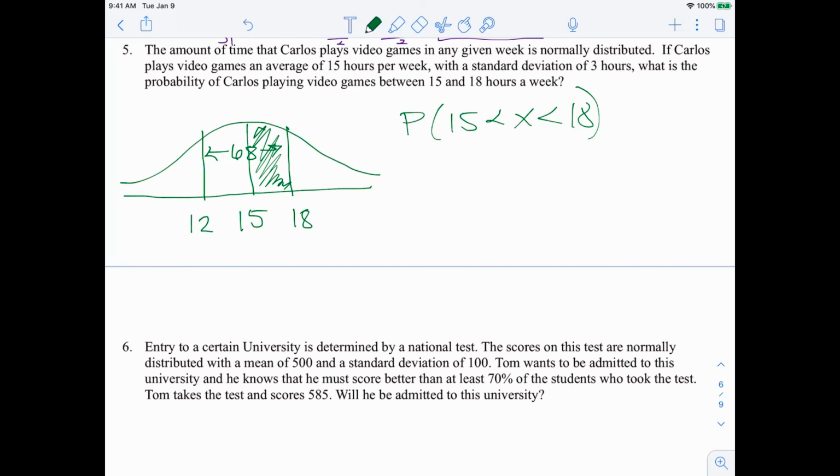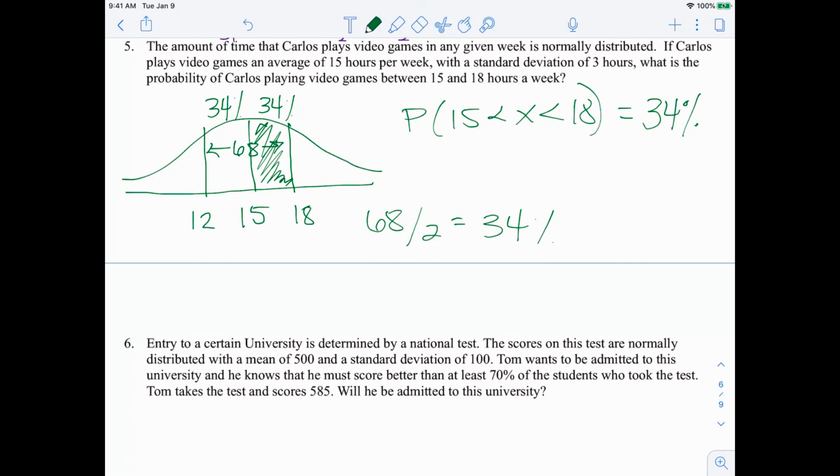Since it's the middle, and the mean's right in the middle, and everything is even on both sides, I can take that 68, divide it in half and end up with 34%. So I know that this area is 34% and this area is 34%. So the probability that he plays in between 15 and 18 hours is 34%.